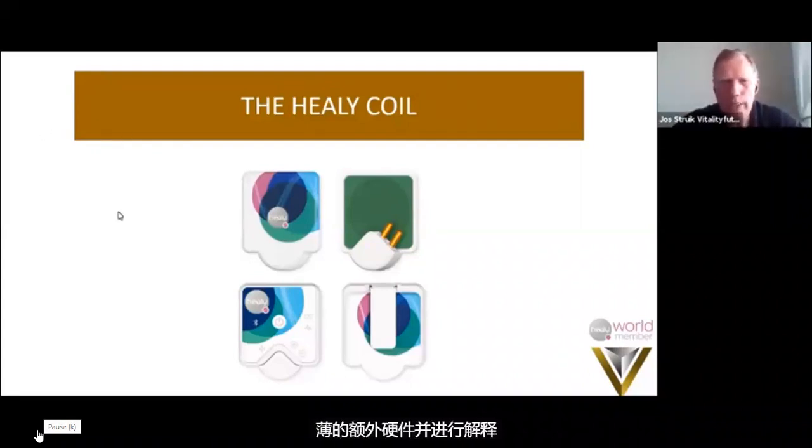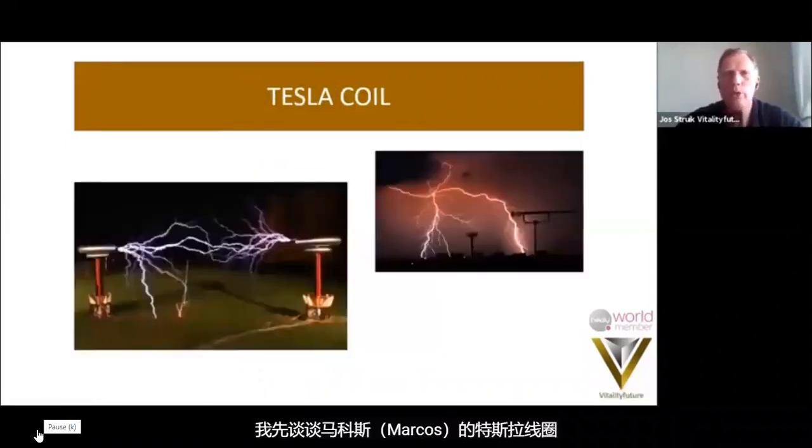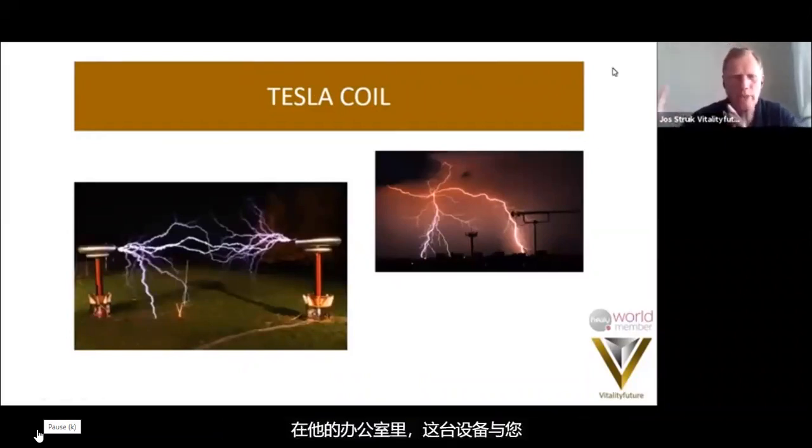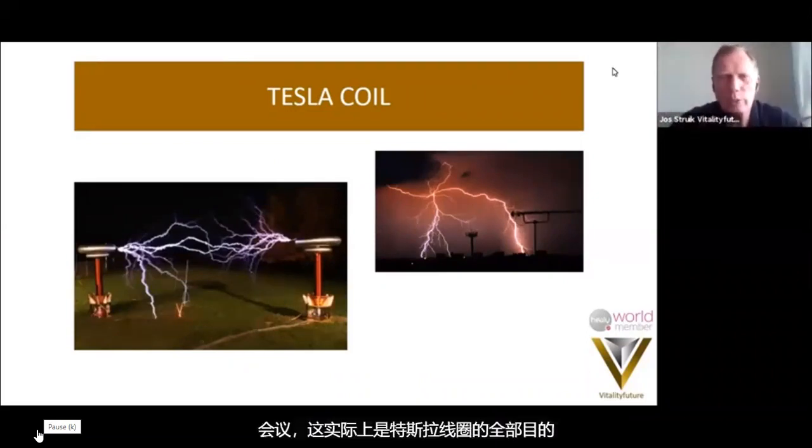And to explain it, I first talk a little bit about the Tesla coil. As Marcus has said often, he's a very big fan of Tesla, and he also has in his office this device with which you can make current, the Tesla coil. He showed it to us in one of his meetings.